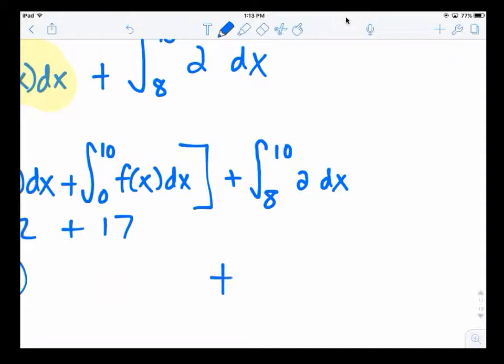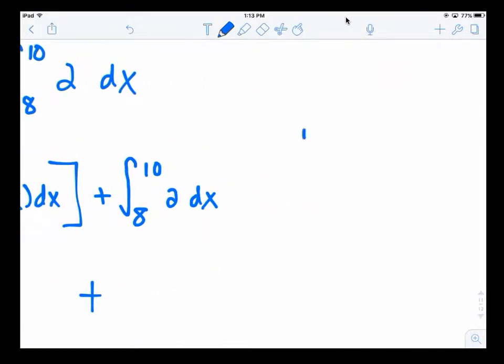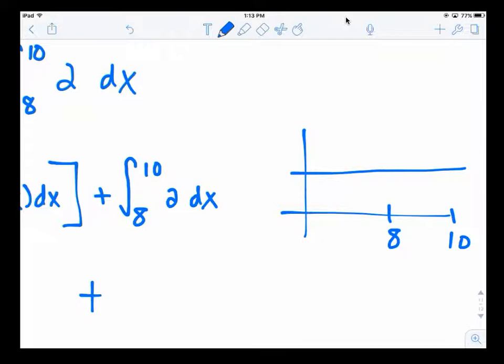Now, when you do the integral expression of 2 from 8 to 10, imagine again you have a horizontal line there at 2, and you're looking at it from 8 to 10. So it's kind of like a rectangle like that. So what would your area be of that? 4, right? That's 2, and that's 2.